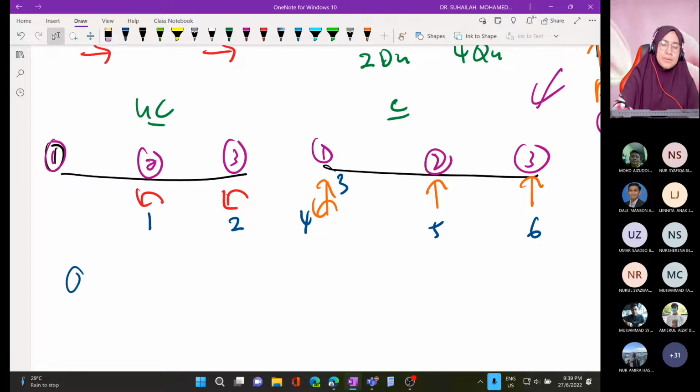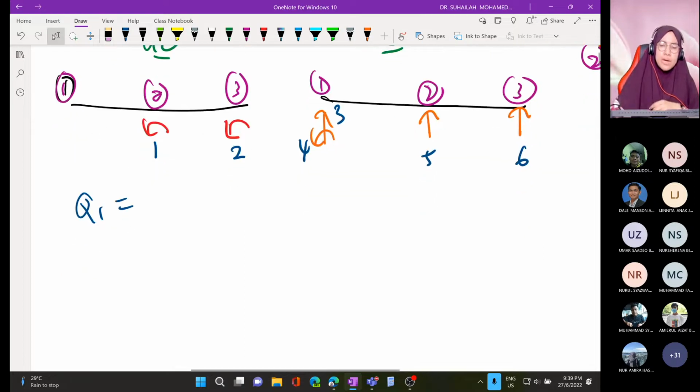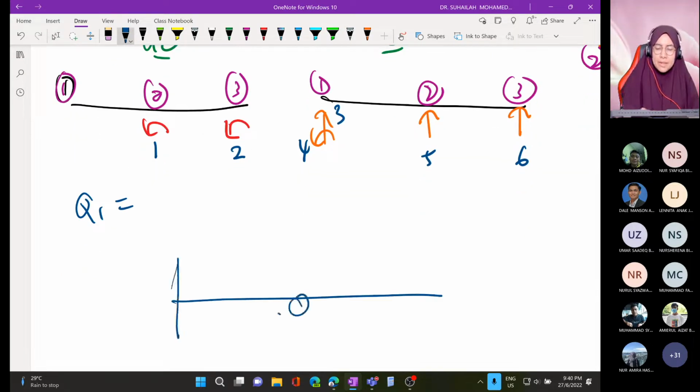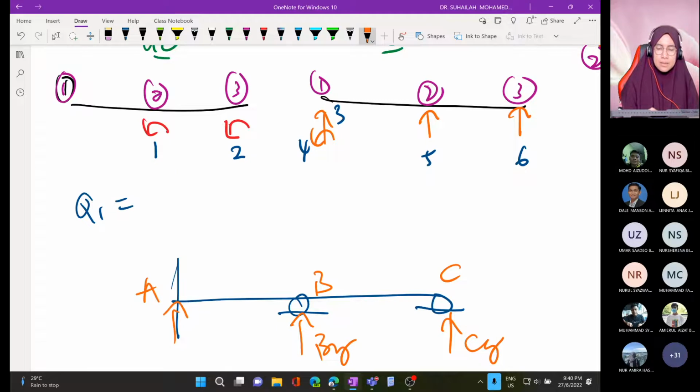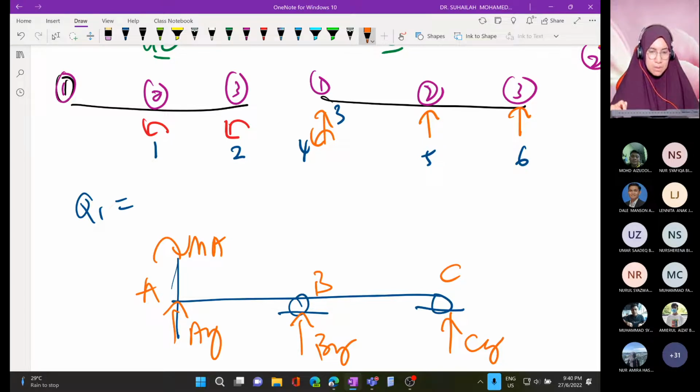Because Q1 in this case refers to, if we compare with this A, B, C: this is BY, this is CY, AY, moment, the conventional way. What is Q1? Is it AY, BY or CY?